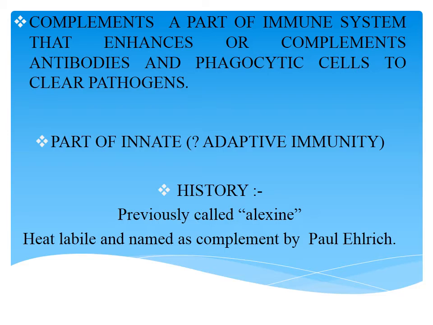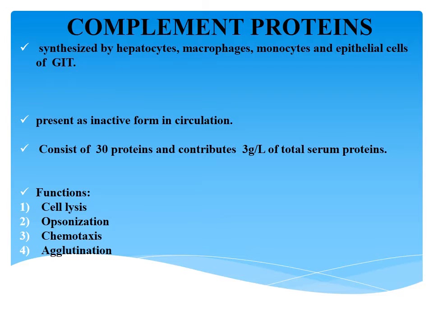Then Jules Bordet of Pasteur Institute found the same property in the serum, and he found two types of components in the serum: one is heat labile, another is heat resistant. In the year 1899, Paul Ehrlich named this heat labile component complement.